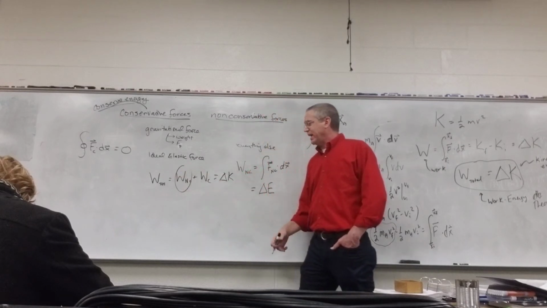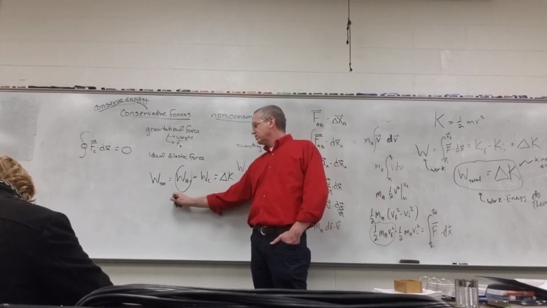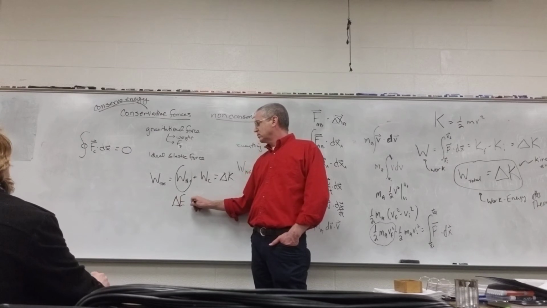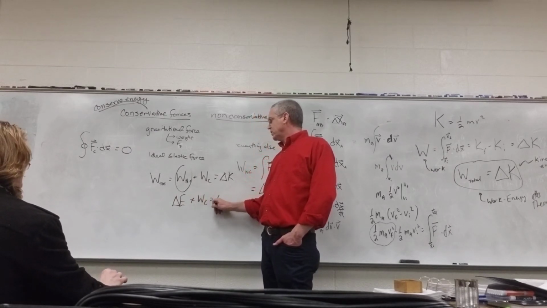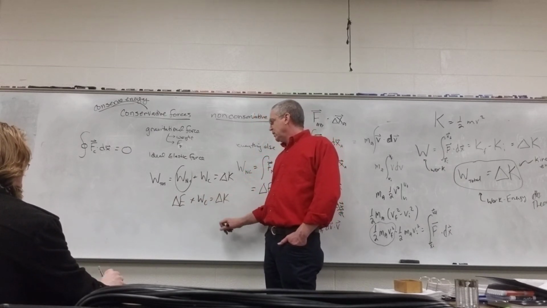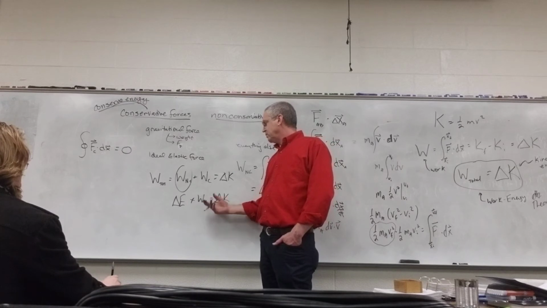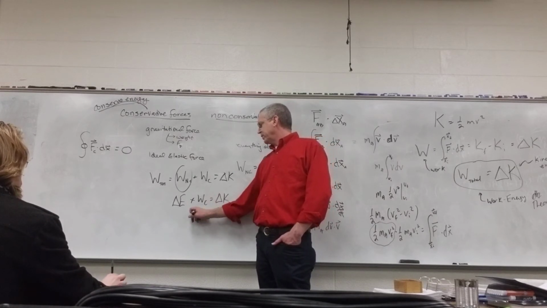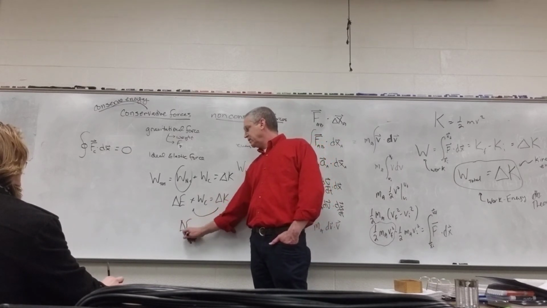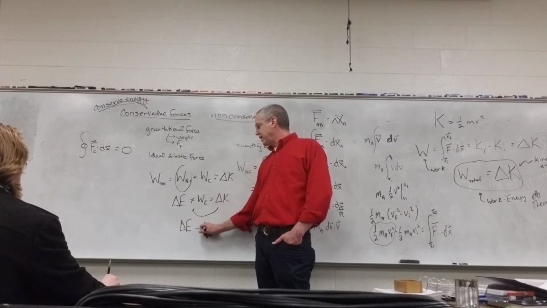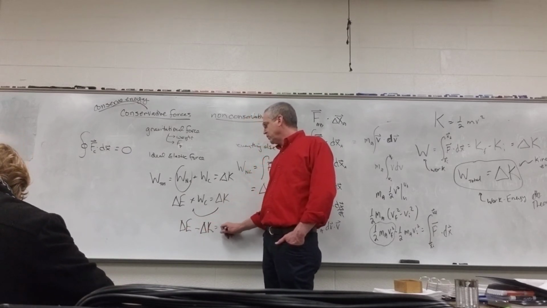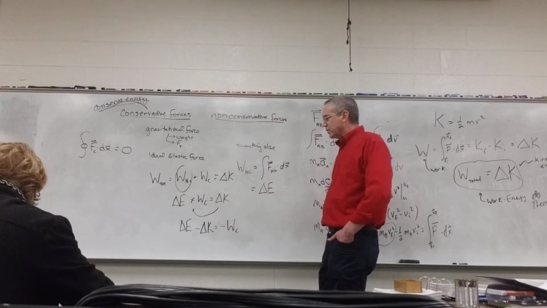Non-conservative work is equal to the change in energy. Plus conservative work is equal to the change in kinetic energy. Depending on how you want to go about this, let's bring K over. So we have delta E, the change in the total energy, minus the change in kinetic energy, is equal to the negative conservative work.